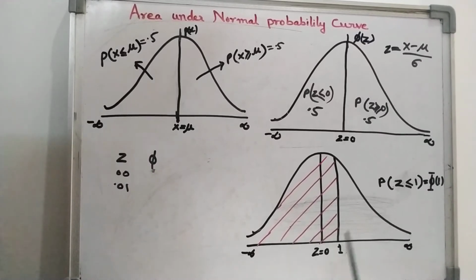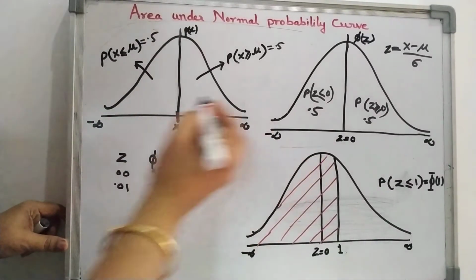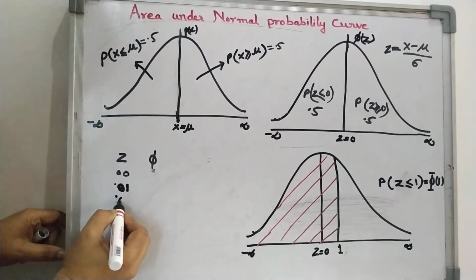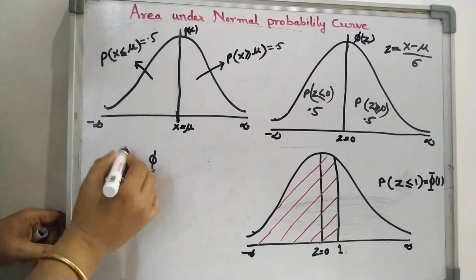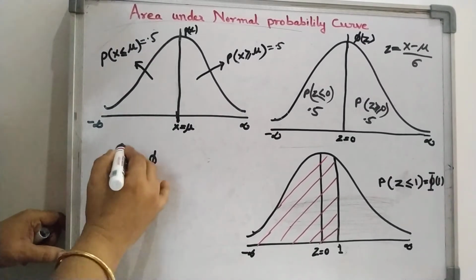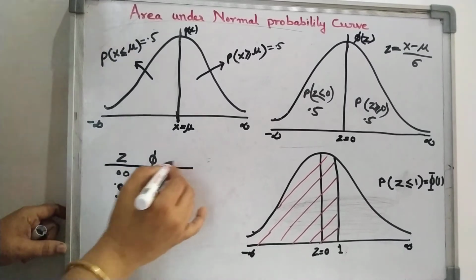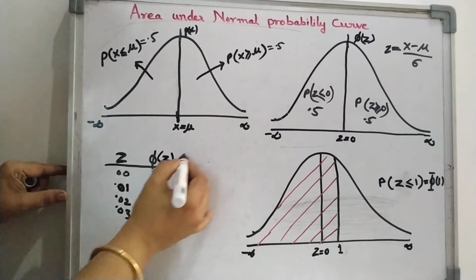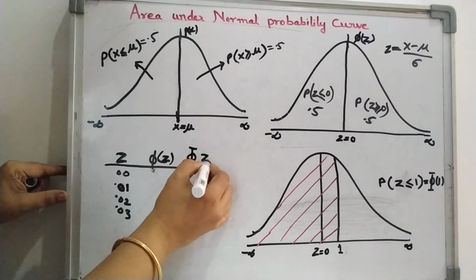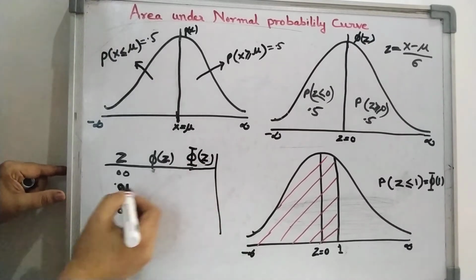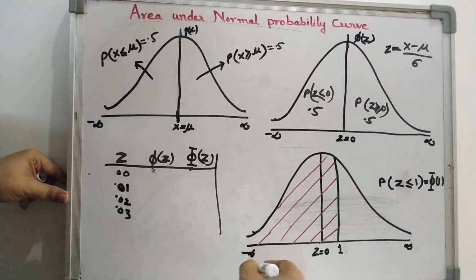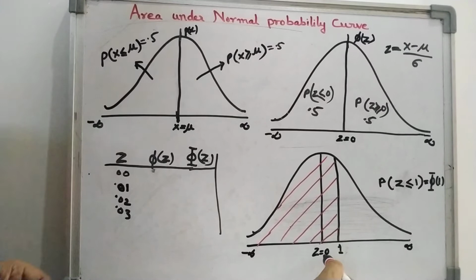Any positive value, and these positive values start from z equal to 0.00, then in intervals of 0.01, 0.02, 0.03, like this the values are given. In the table you get this phi(z) position, this is your z, and the area is given as phi(z). So from minus infinity to any positive value, that means from minus infinity to 0, you get the table value 0.5.